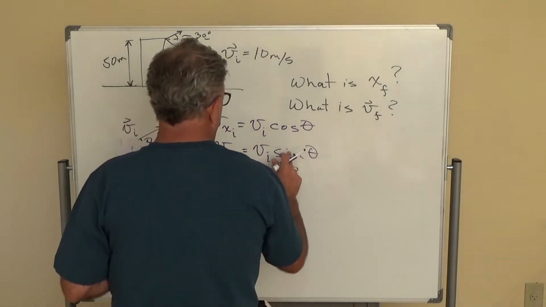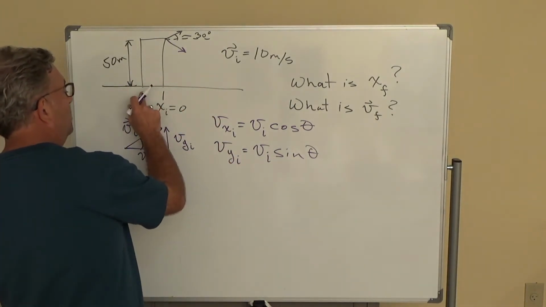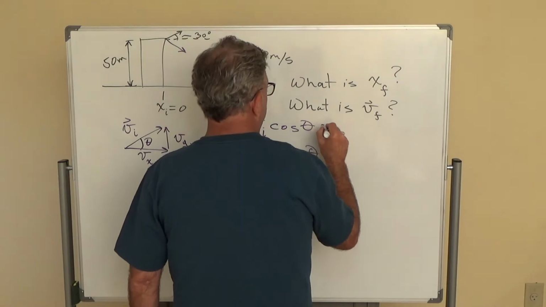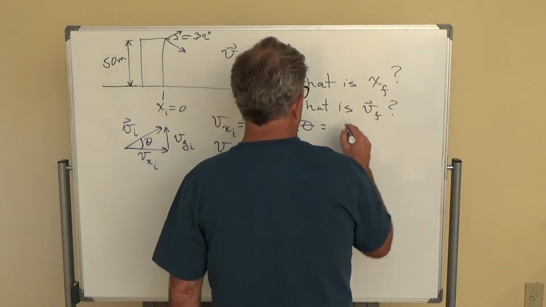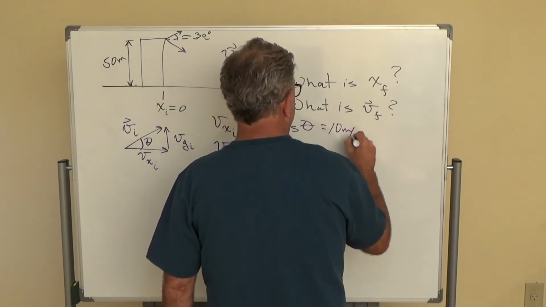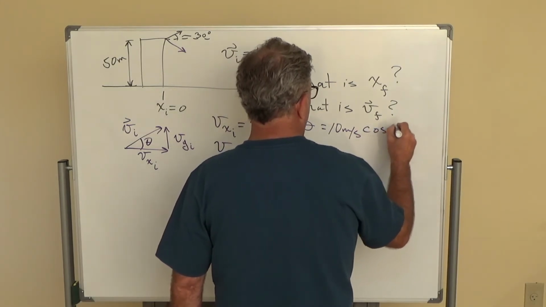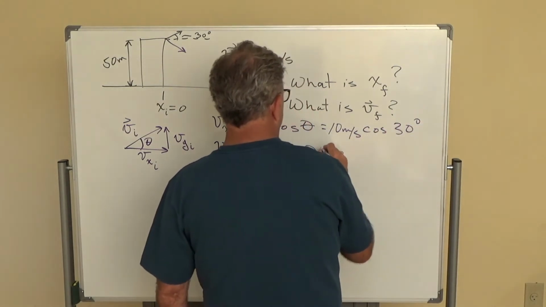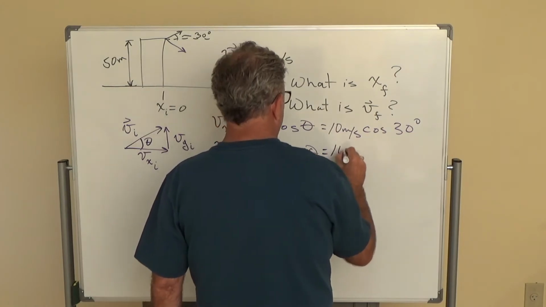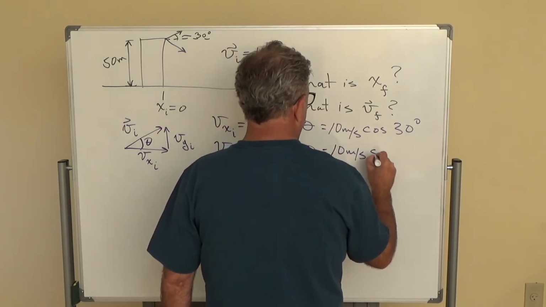So I'm going to calculate these for this particular example. Vx initial is equal to 10 meters per second, cosine 30 degrees. Vy initial is equal to 10 meters per second, sine 30 degrees.